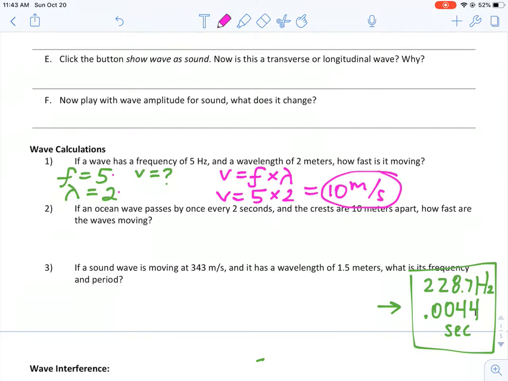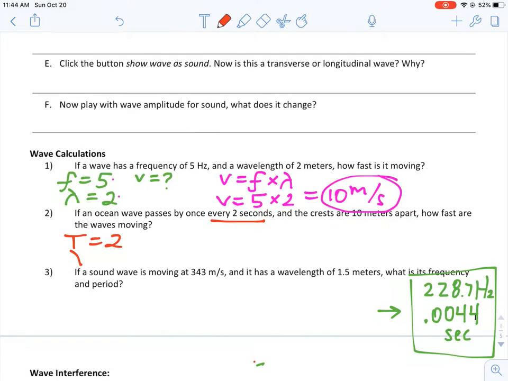Number 2, if an ocean wave passes by once every 2 seconds, here we have time, period. And the crests are 10 meters apart. That's defining wavelength. How fast are the waves moving? Velocity. Many times we use equations in combination here. And here's an example. So in order for us to use the number 1 equation of the unit, we have to have frequency, which we don't.